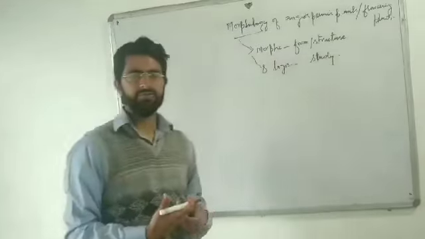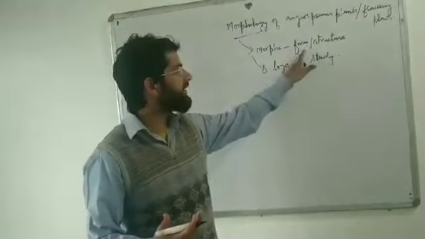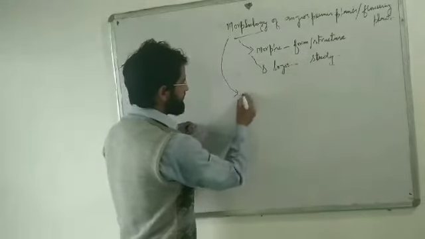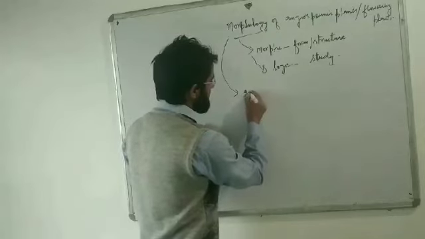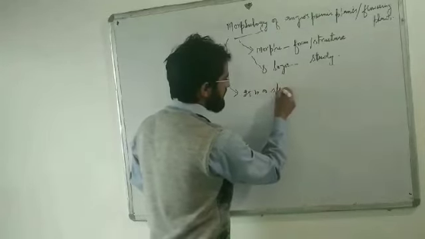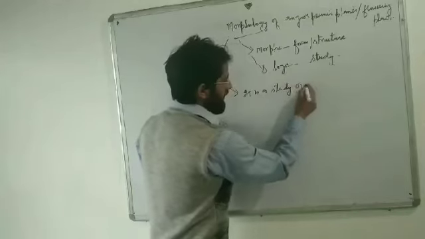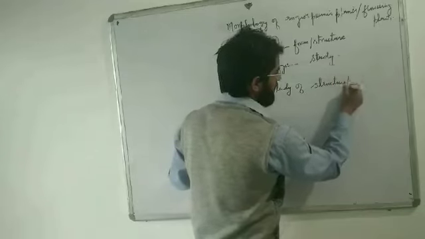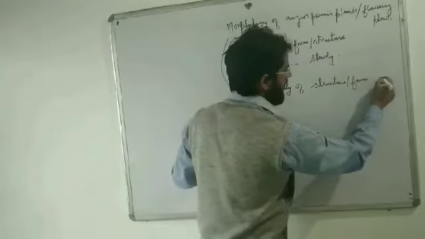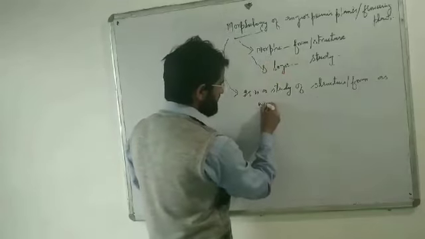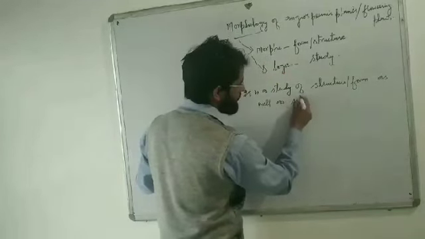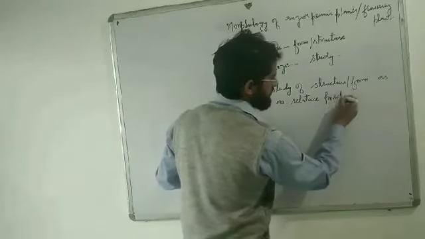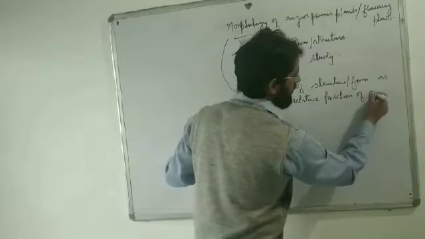In simpler terms, we can say morphology is a study of structure and form, right? We can write it as: it is a study of structure, form, as well as relative position of organs.